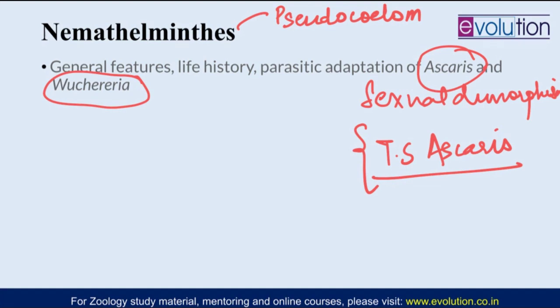Then Wuchereria on the other hand, which is a filarial worm, very thin, very thread-like worm. It is carried by a vector, that is a mosquito, and in this case it is the Culex quinquefasciatus, which is the species, in case of India specifically. So it causes a disease called Wuchereriasis, which is sometimes also known as elephantiasis.